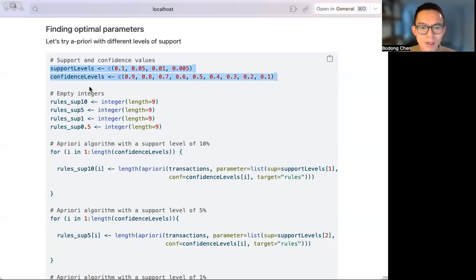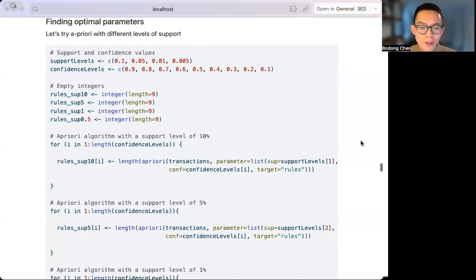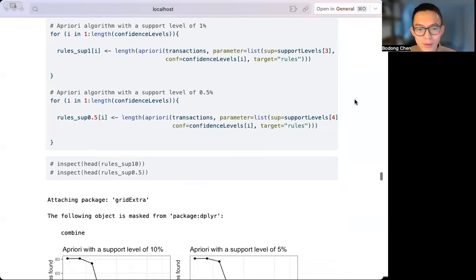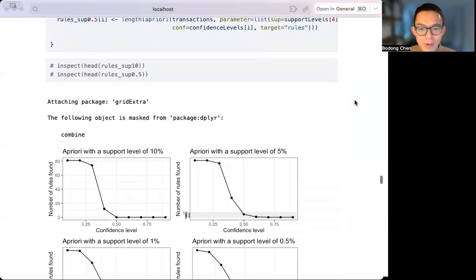We set up those different levels we want to hit, and we run this algorithm iteratively so that we get a collection of different sets of rules. And then we compare, if we choose a particular combination of the parameters, how our result might look, how many rules we can get, and so on.